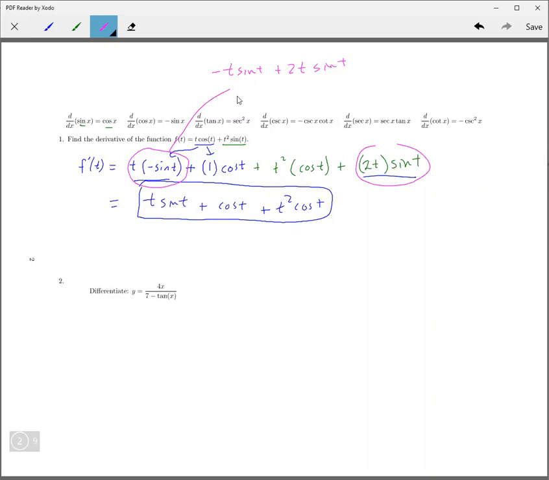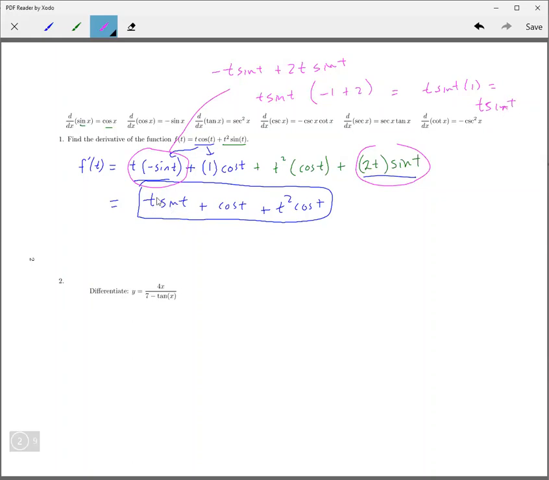So if you factor a t sine t out, you get negative 1 plus 2. And negative 1 plus 2, of course, is just 1. So you end up with t sine t right there.